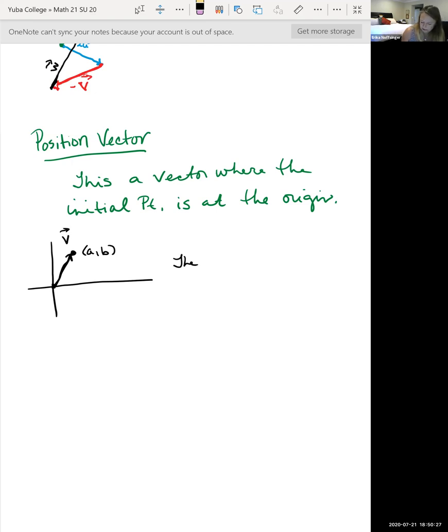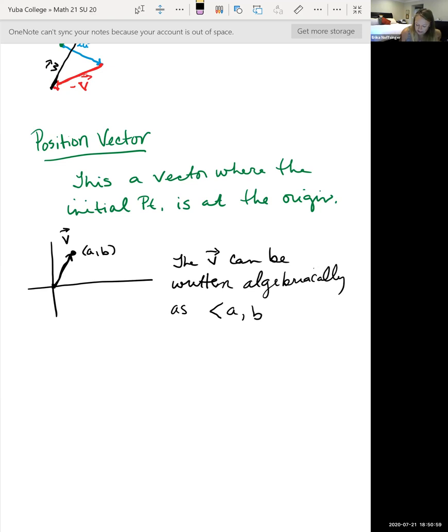The vector v can be written algebraically as, so it's kind of like a less than symbol, the component a, and then comma b, and then kind of like the greater than symbol, sandwiching the a and b. Kind of like a point, except a little bit different on the ends instead of the parentheses.